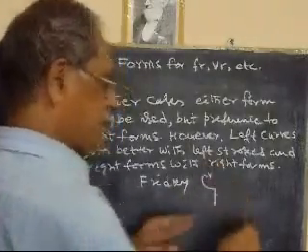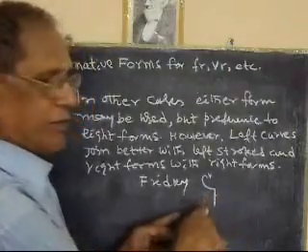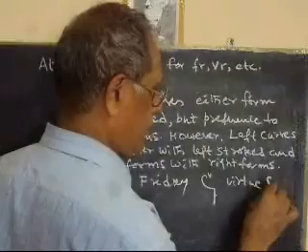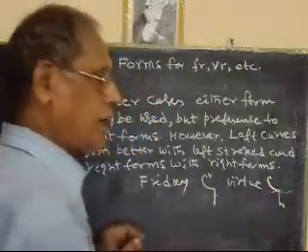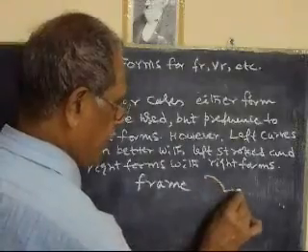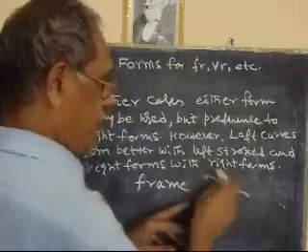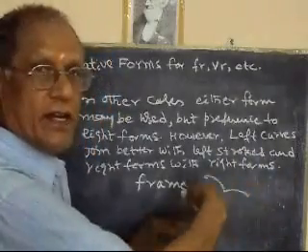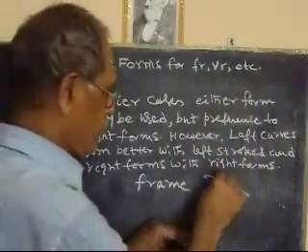Friday. This is more convenient than the right curve. Virtue. See? This is convenient. Frame. You see? The right curve is convenient because M is also going to the right side. So, frame.